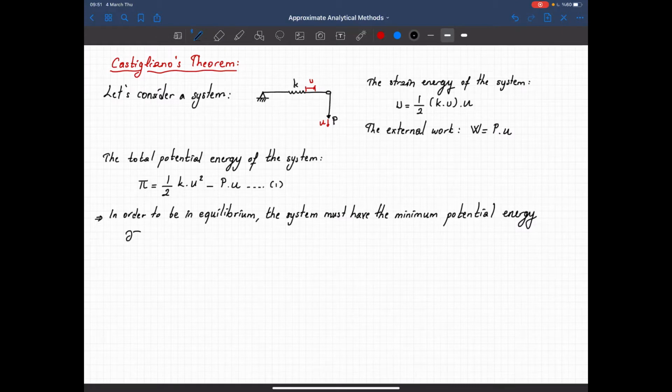And we can just write it in equation form as follows. Del Pi over del U is equal to 0.